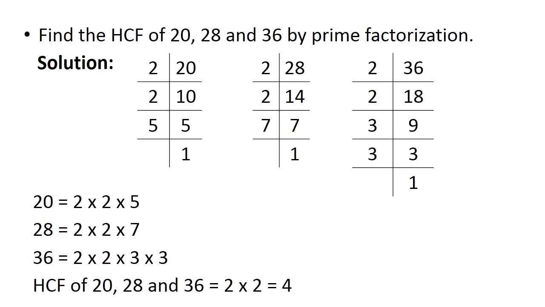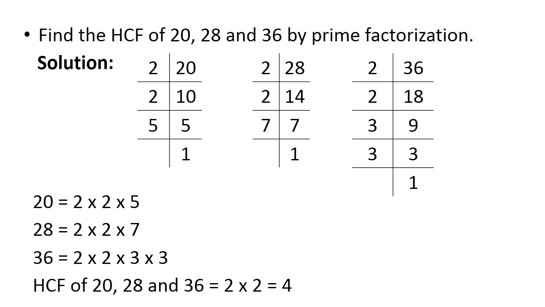Some examples. Find the HCF of 20, 28 and 36 by prime factorization. Solution. First 20. Now 20, that is 2 tens are 20. 10 you can write as 2 fives, and 5 you can write as 5 ones.